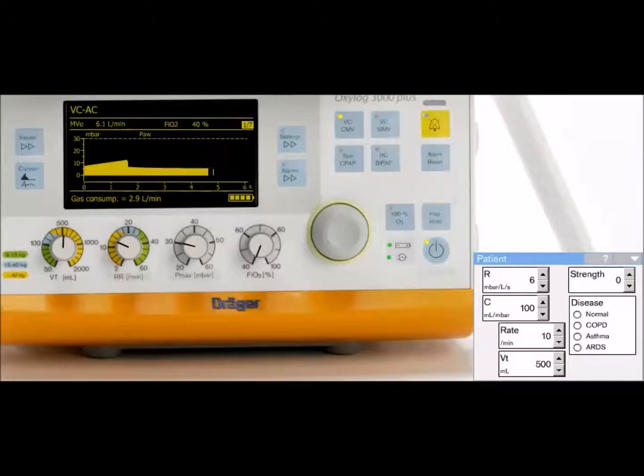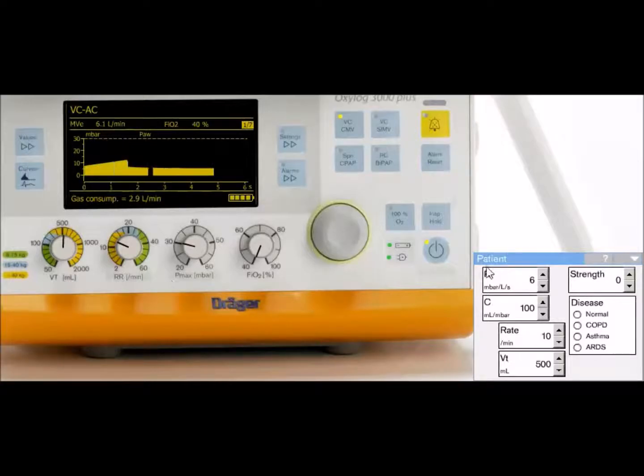Our aim here is to minimize the duration of ventilation. Does volume control CMV with dual targeting have any of these capabilities? One is the automatic reduction of support in response to the patient's respiratory effort increasing.